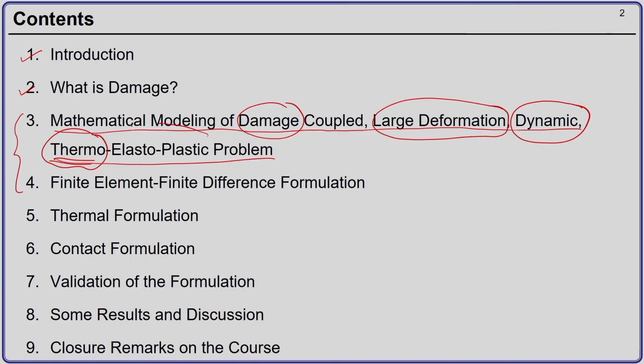A part of the heat goes inside one body and part of the heat goes inside the other body. This heat also affects the deformation, at least at the local level near the contact surface. And then our material will be elastoplastic, which means the material is allowed to deform beyond the elastic limit.